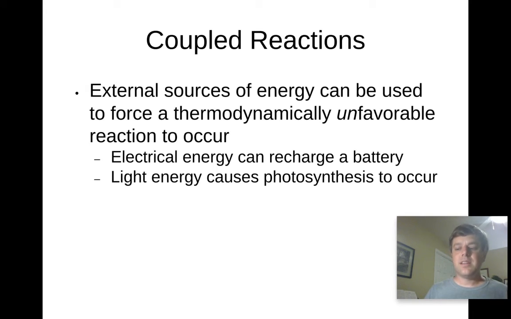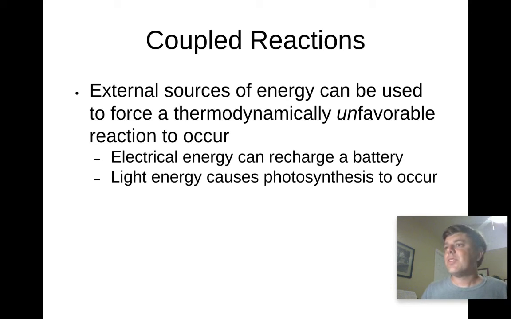And then I want to point out that it is possible to make a reaction that is not thermodynamically favorable actually happen. For instance, it is favorable for a battery or an electrochemical cell to discharge, but you can apply electrical energy and force the reaction to go the opposite way in the unfavorable direction and recharge.